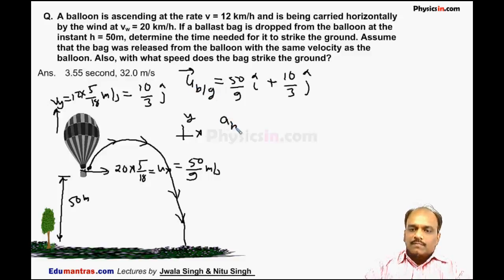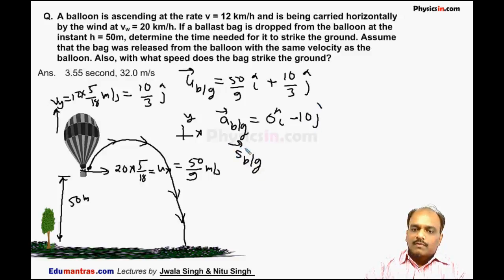The acceleration of bag with respect to ground is 0 i cap minus 10 j cap. The displacement of bag with respect to ground, let the horizontal displacement be x, is x i cap minus 50 j cap.